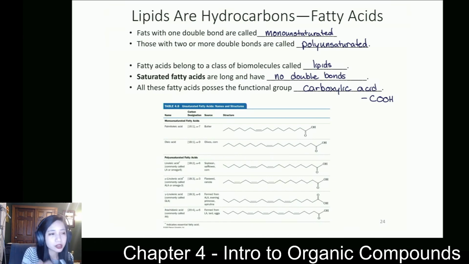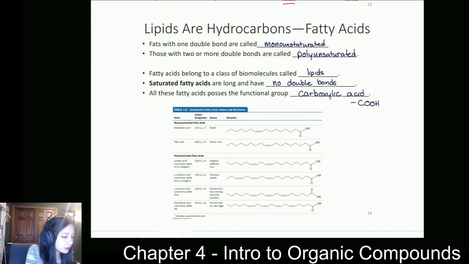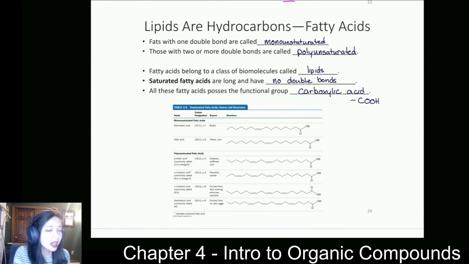So we're still using that same terminology. If we look at all of these structures within these fatty acids, they all have a carboxylic acid group on the very end. There's a very unique way that we name them, and we'll talk about that in the next chapter.